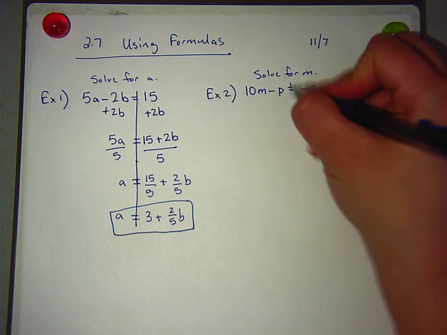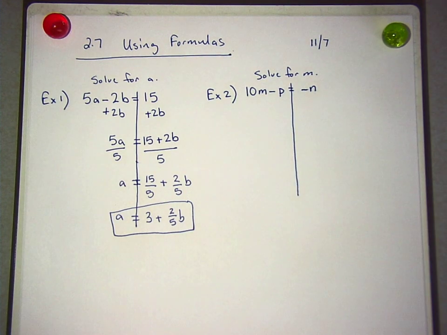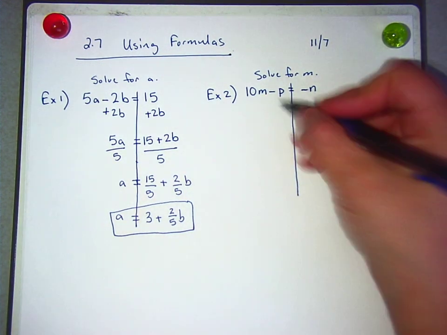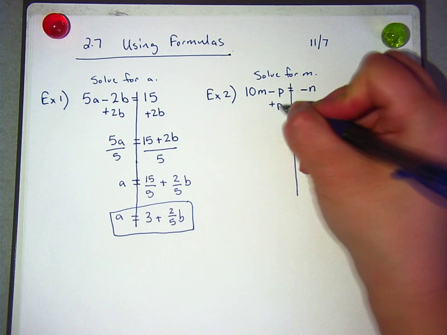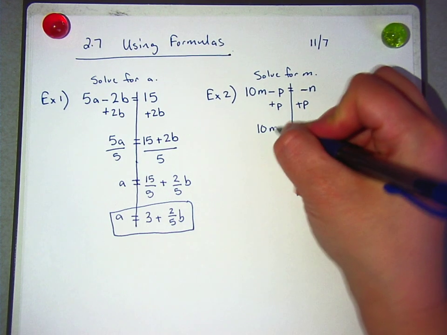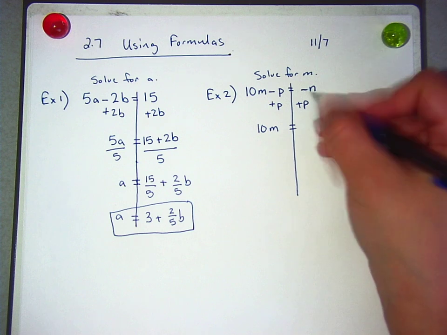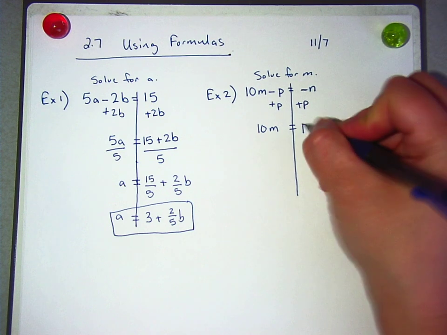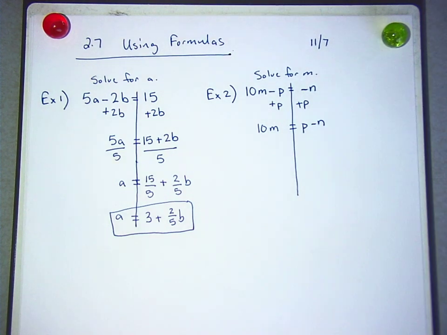All right, what do you guys think I should do first? Add p, because it's already a minus p, so I'm going to add p to this side. So now I've got 10m equals, I could write negative n plus p. I think I'm going to write p minus n, just put that p in front. Doesn't matter though. If you had negative n plus p, it would also be the same thing.